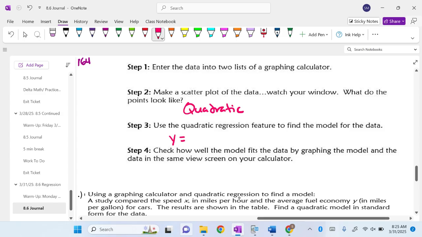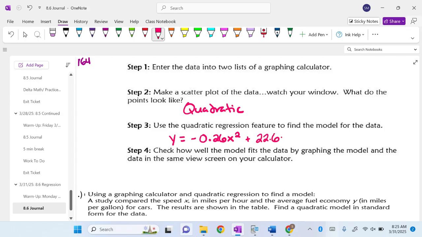Someone just read me the numbers. Negative 0.26 x squared plus, what's your b value? 22.6x. What's the last number, or your c value? 23.02.